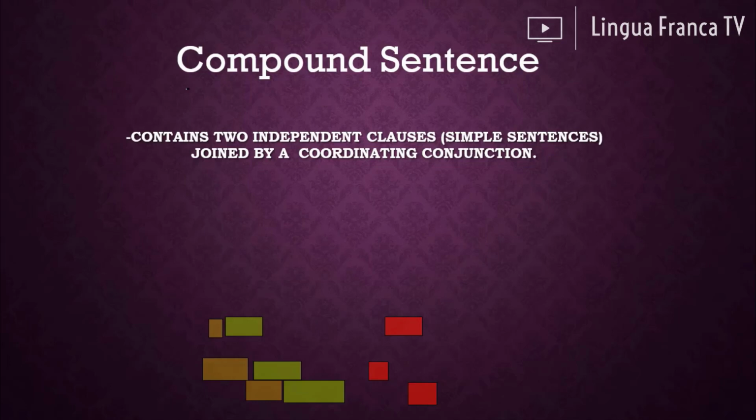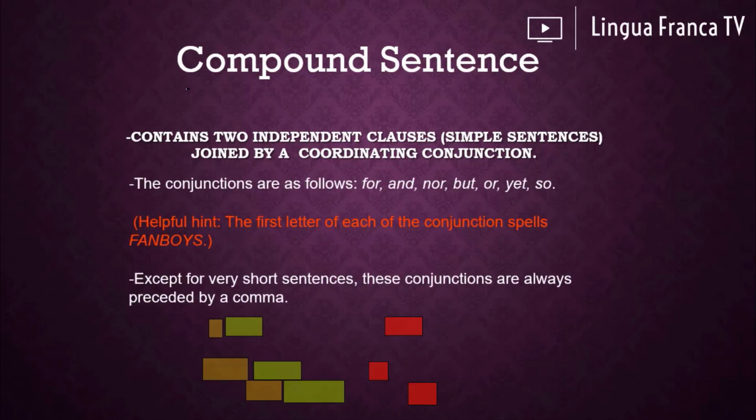So an independent clause which has a complete thought, which has the complete meaning, will be joined by a coordinating conjunction, right? And two independent clauses will be joined by the coordinating conjunction. So what are they? The conjunctions are as follows: for, and, nor, but, or, yet, and so.